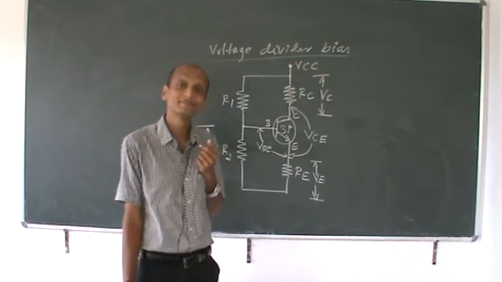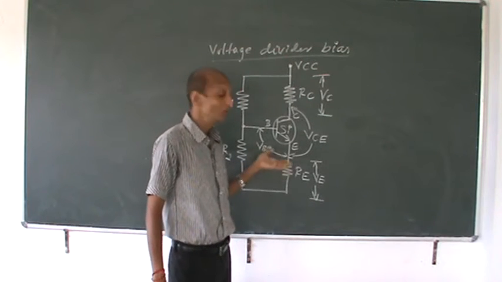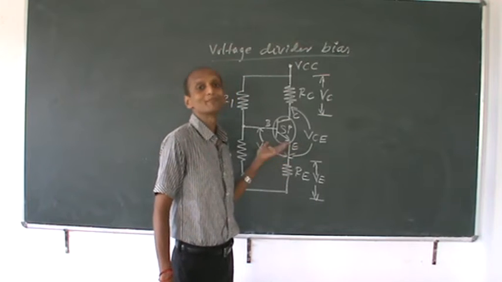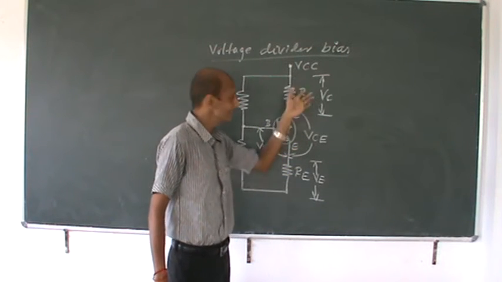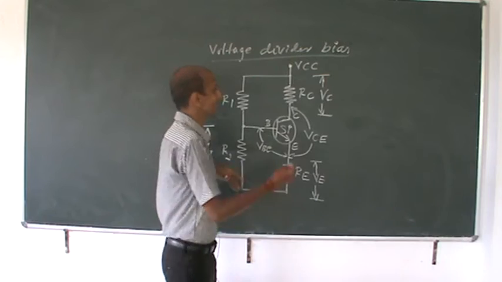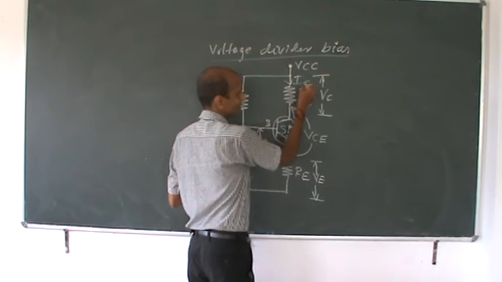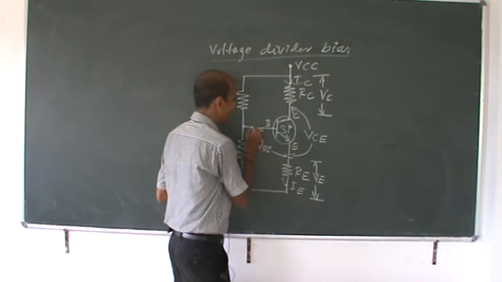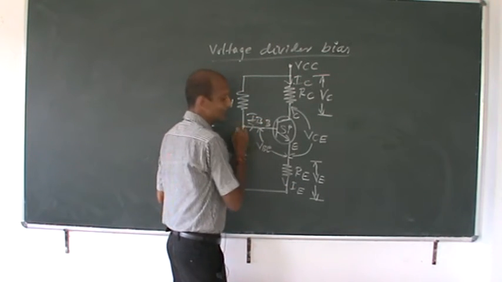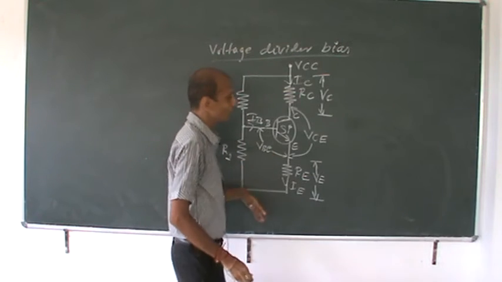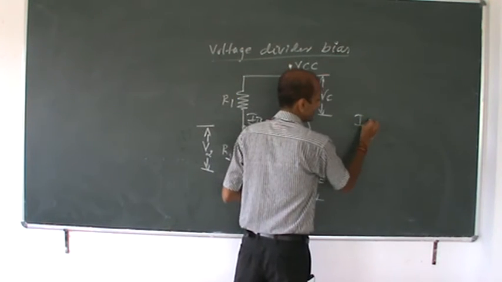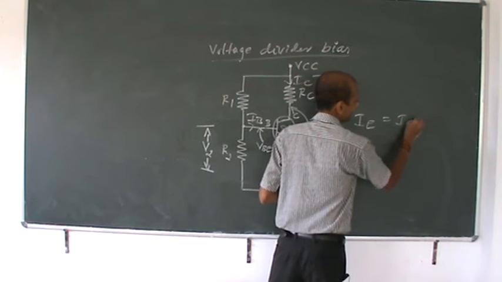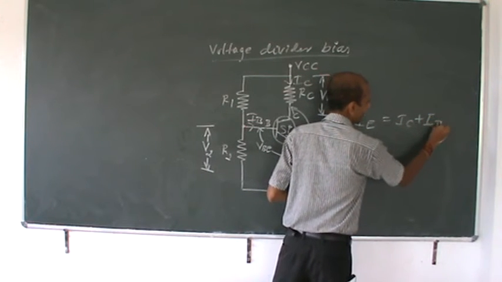This is our transistor, a semiconductor device, and as temperature increases, its current also increases. We have IC, the current flowing through the device, IE, and IB, your input current. So the total current IE of your transistor can be written as IC plus IB.